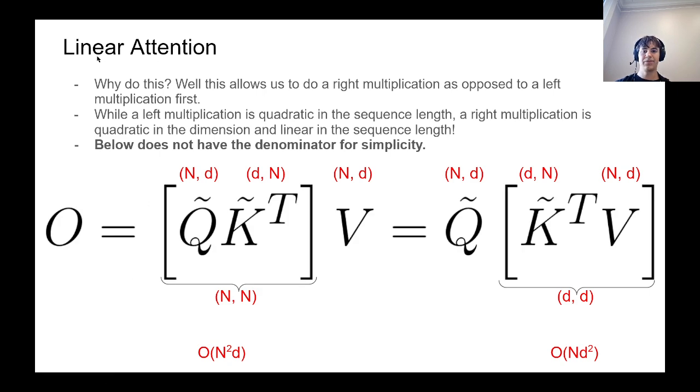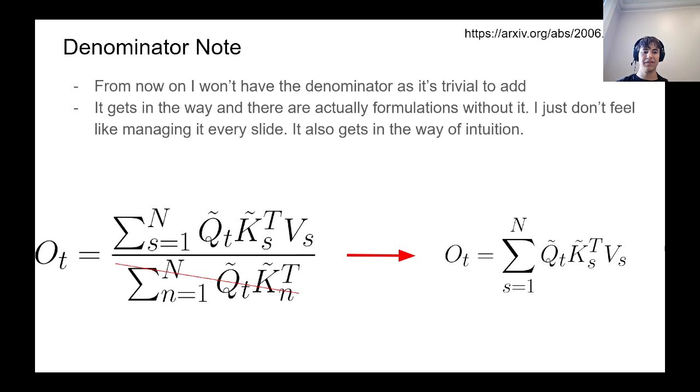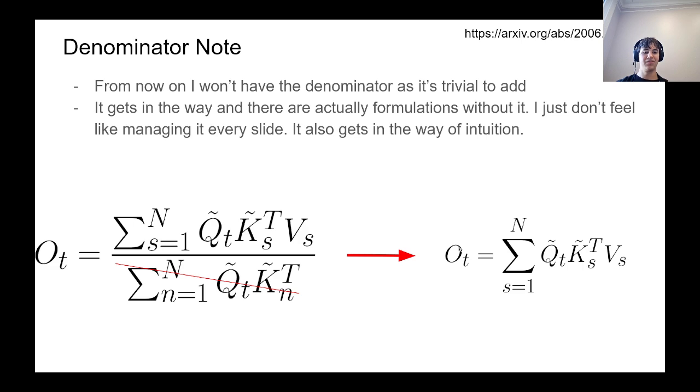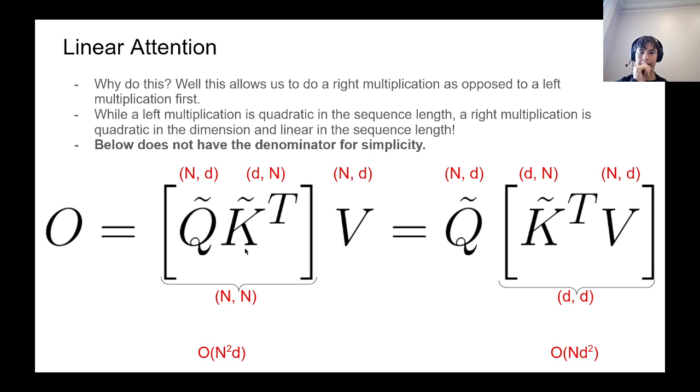So here, this is what we have. This is going to be the equation I'm working with. Remember, q tilde t is the elu plus 1 of qt, and k tilde s transpose is the elu plus 1 of k s transpose. So here, this is our formula, and this is just qkv. What this allows you to do is either do a multiplication on the left, or do a multiplication on the right.